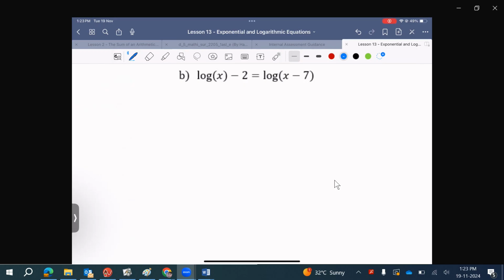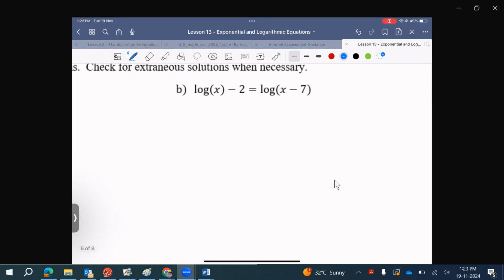Okay, let's have a look. So we can see here x is greater than 7 is the domain for this equation, because this one is x is greater than 0. Okay, so I was just considering whether I was going to turn that 2 into a log.